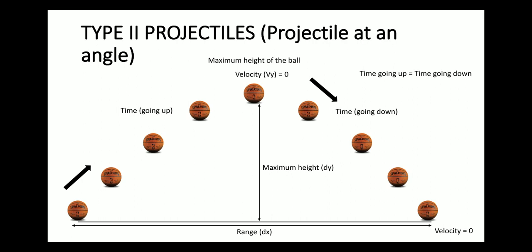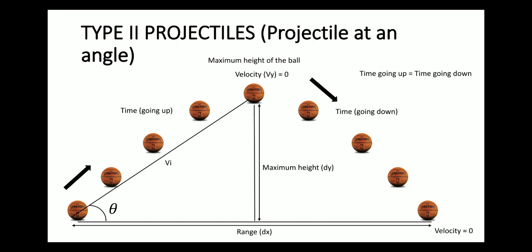And then, we can also draw some lines. This line is like the hypotenuse in mathematics, and also we have this line. Because we have a triangle, there is an angle. Going back to the hypotenuse, that is our Vi, or the initial velocity.